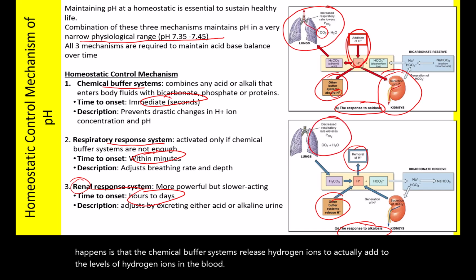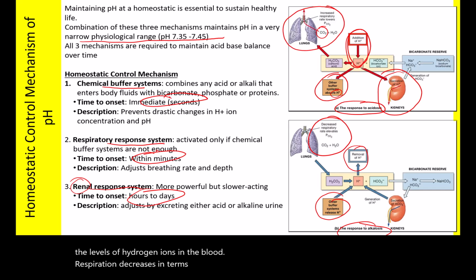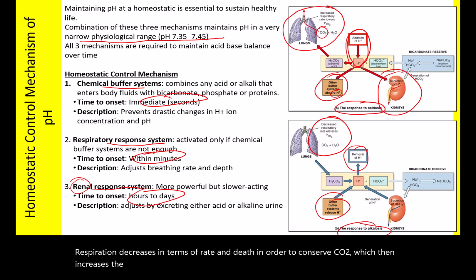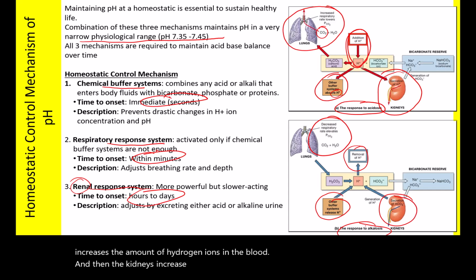Respiration decreases in rate and depth in order to conserve CO2, which then increases the amount of hydrogen ions in the blood. And then the kidneys increase the secretion of bicarbonate and keep the hydrogen ions that are produced.